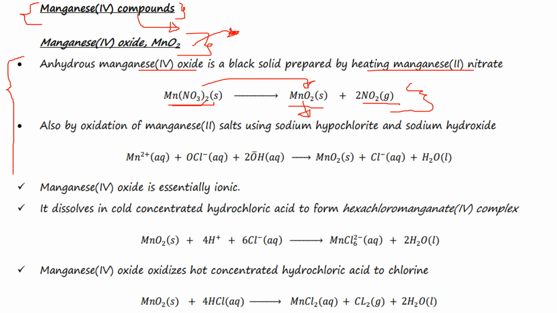Whenever you are revising manganese, make sure that you put a star on it and you don't forget it, because it has a more likely chance of surfacing whenever we examine questions about manganese as a transition element. So when you heat manganese(II) nitrate, you form manganese oxide together with nitrogen dioxide gas.